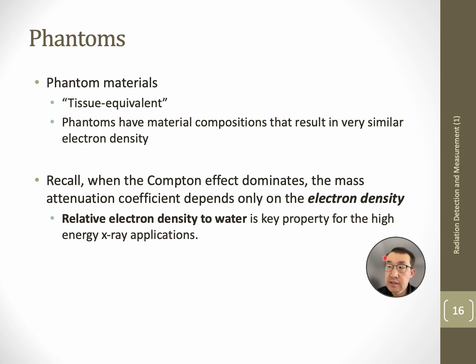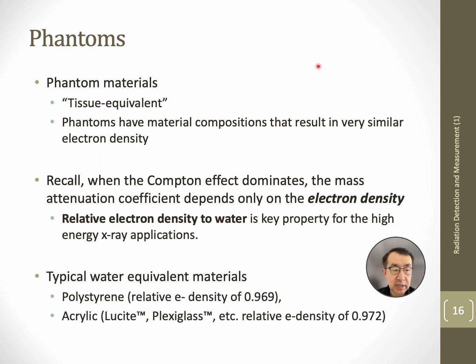Our application is Compton dominant, right? Megavoltage photon, electron, Compton dominant. So Compton cares about this electron density. As long as you have a material that has a relative electron density very similar to water, then that material is ideal for high energy X-ray application.